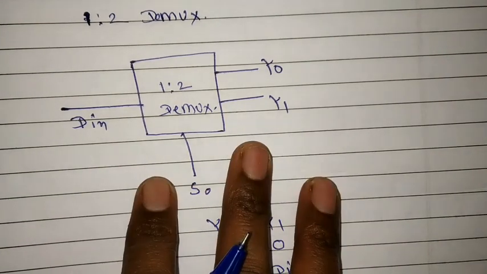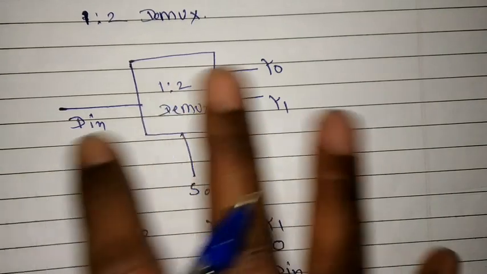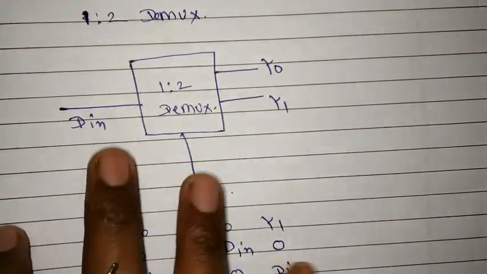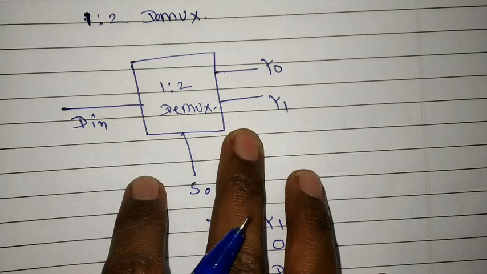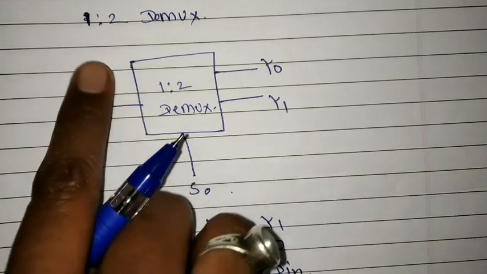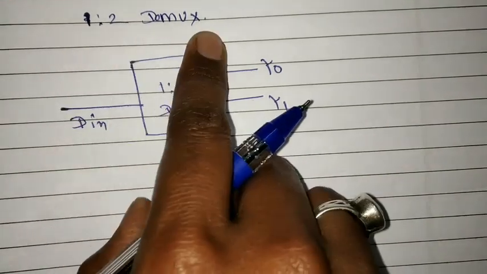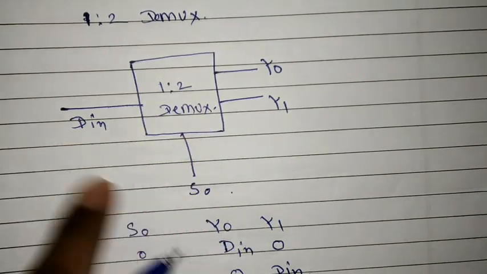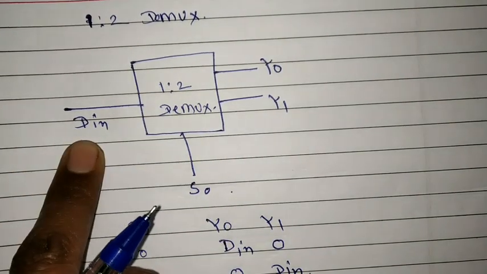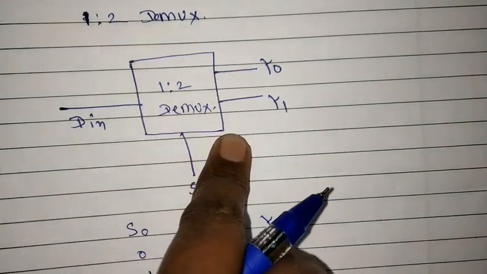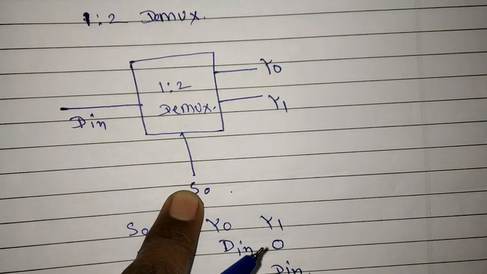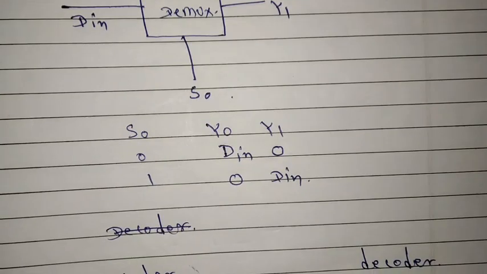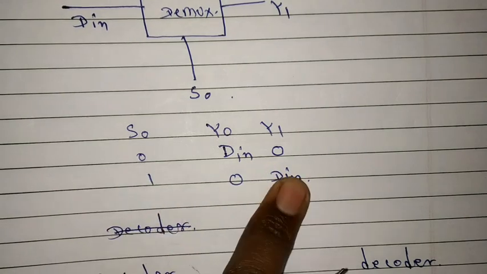Now see, the other type is the demultiplexer, which is exactly opposite of the multiplexer. Take the example of a 1:2 demultiplexer. In this case, there is one input, two outputs and one select line. See the truth table.